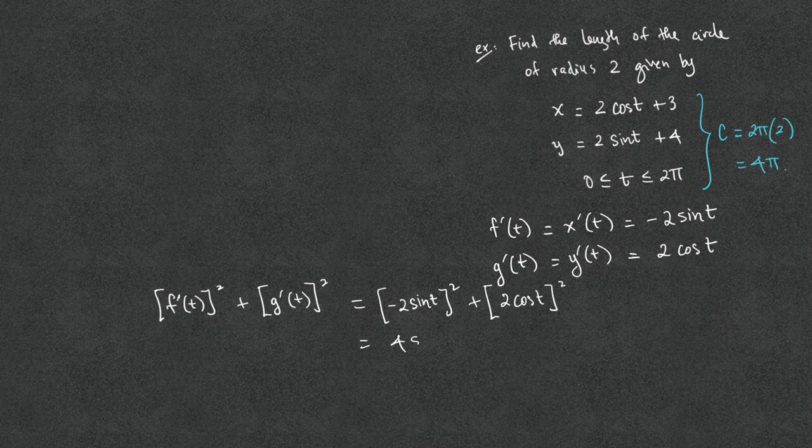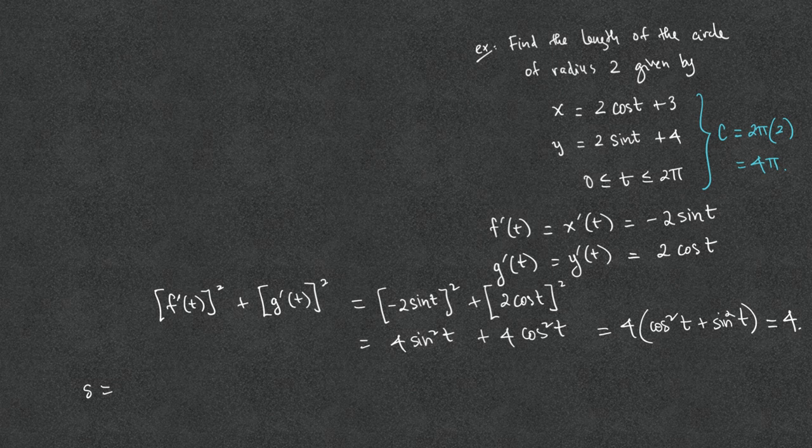This is 4 sine squared t plus 4 cosine squared of t. We factor out the 4 to get cosine squared of t plus sine squared of t, but this is the trig identity equals 1. So f prime of t squared plus g prime of t squared is 4.